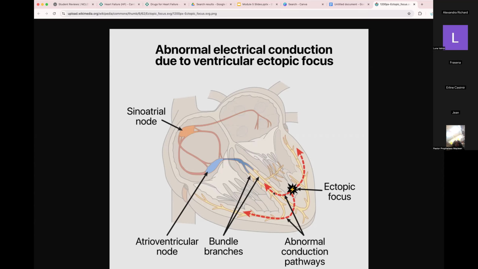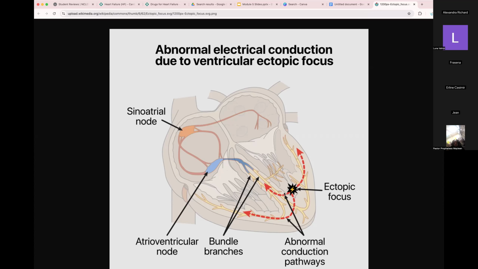Okay, so as you can see, here we have the ectopic foci, and it's causing these electrical conductions to go up through the Purkinje fibers, and that's what could be the beginning of ventricular tachycardia and ventricular fibrillation. Okay, and it would take over, and you would lose the P wave on the EKG, because this abnormal conduction is not going up.